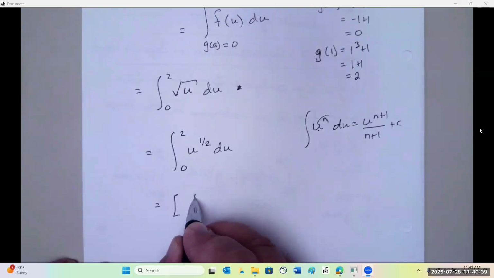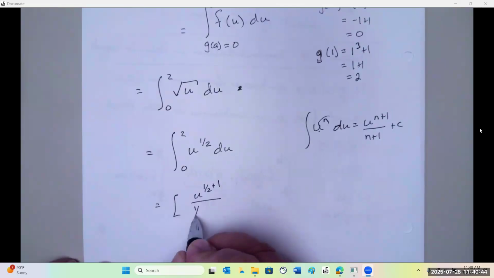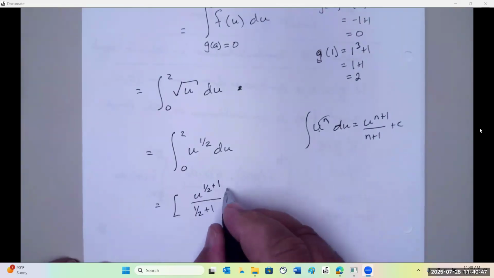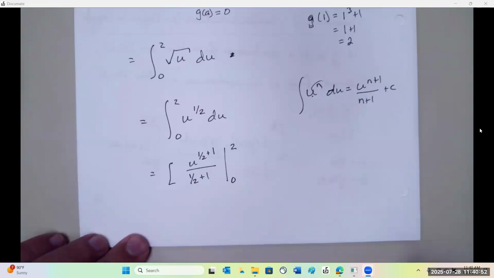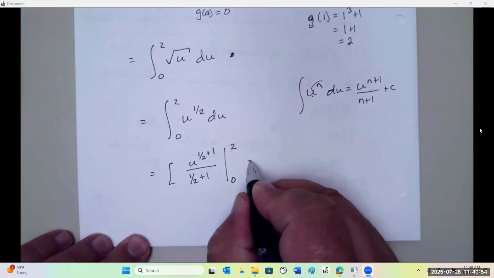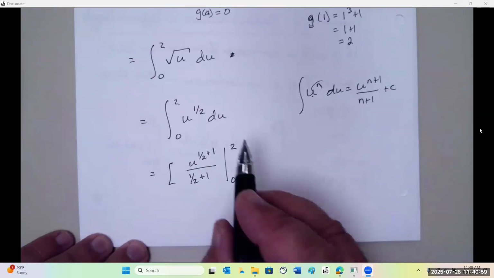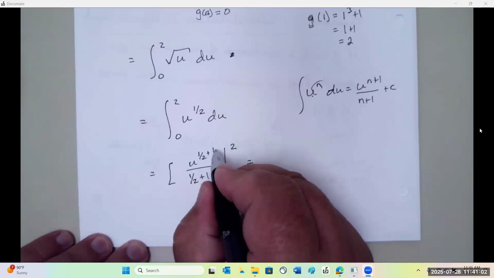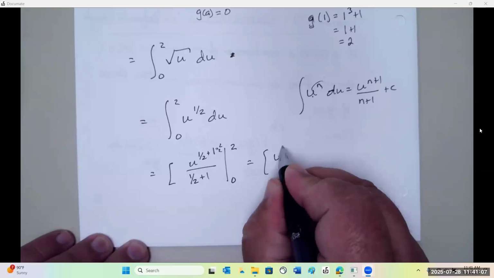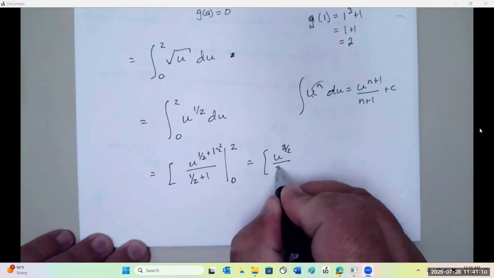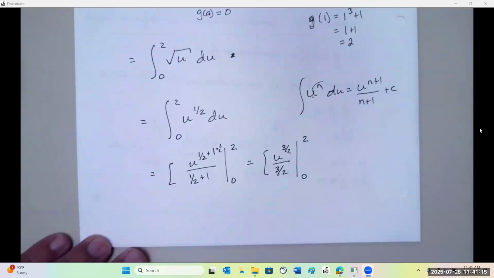So it becomes u to the 1/2 plus 1 over 1/2 plus 1. So 1/2 plus 1, which is 3 over 2, is u to the 3/2 over 3/2 from 0 to 2.